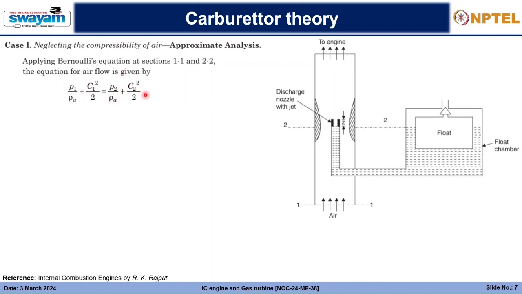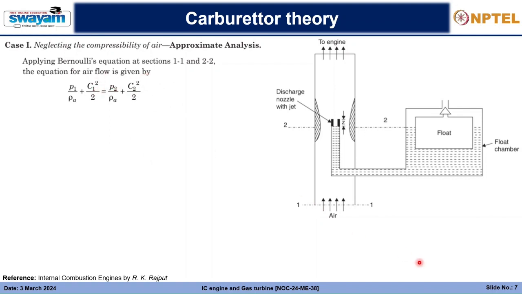And you will find in Bernoulli's equation there is also a difference of height present. The height is now not seen in this particular equation. The reason being, this is a horizontal section, and the height of this in comparison to the atmospheric level is the same as this. So no height difference is required in this equation.